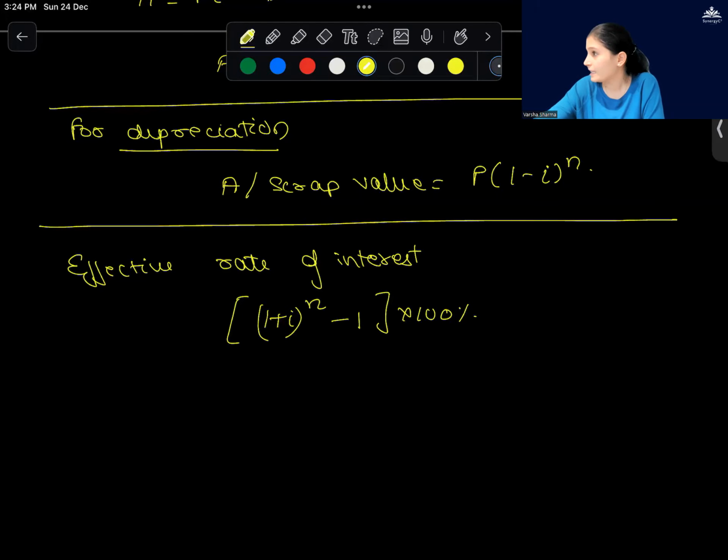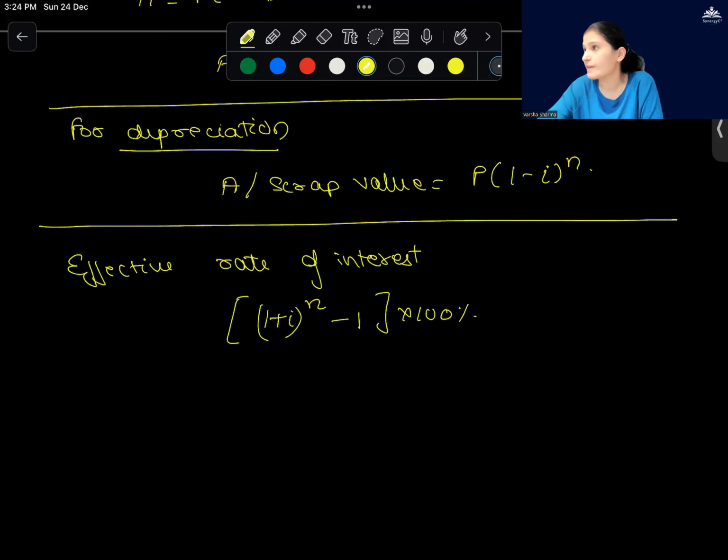Understood? Clear? Now here the point of view was the person who was taking the loan. If the point of view would have been that you are giving the loan, so whether you should give at 3.9% annually or you should give at 3.8% quarterly, in that case, I'll want to have more interest in return.